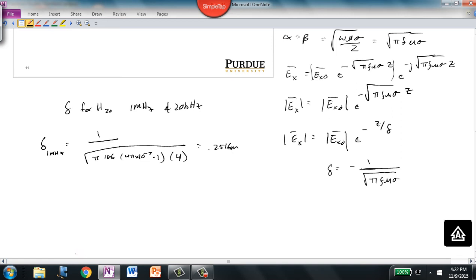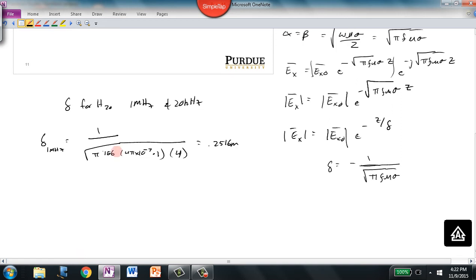If I were to put this in terms of attenuation, what's the attenuation at, let's say, 10 meters? I've got 1 Neper over 0.2516 meters, times 10 meters, times 8.686 dB per Neper.